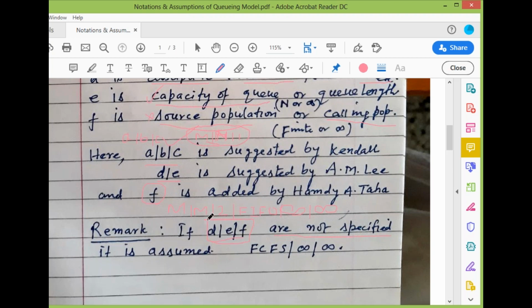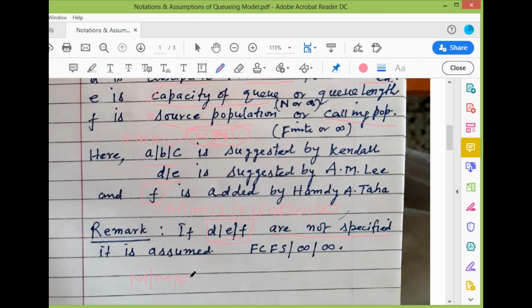In the beginning there were only 3 letters, A, B, C. Suppose something is written like this: we are going to discuss queuing model MM5, meaning the arrival is Markovian, the service is Markovian, the number of servers is 5.